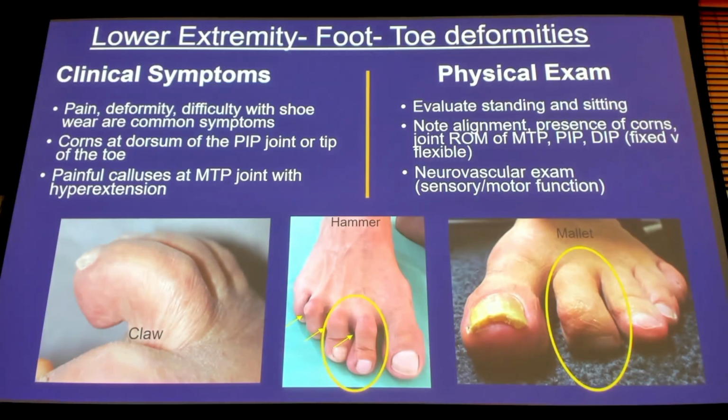Again, we talked about improper fitting shoes and pain wherever the joint is potentially locked in extension or flexion. When you do your physical exam, have the patient stand, full weight bearing if they can, and take a mental note of which toes are in extension and which ones are in flexion.